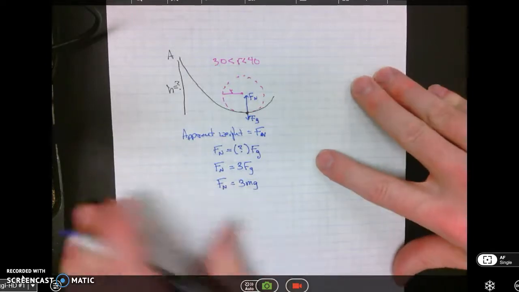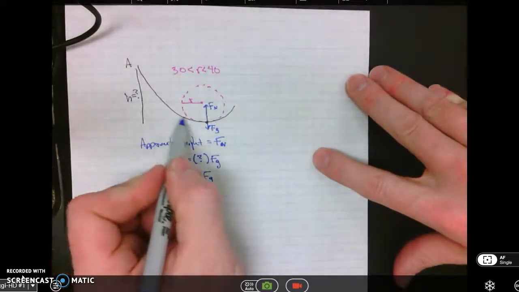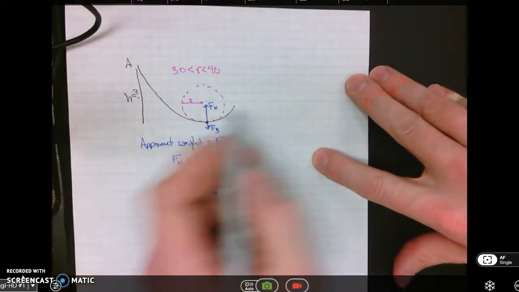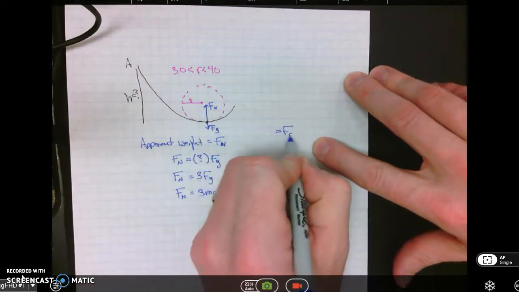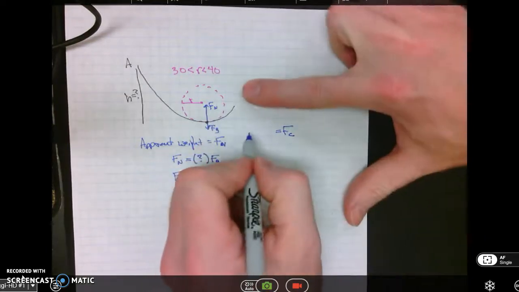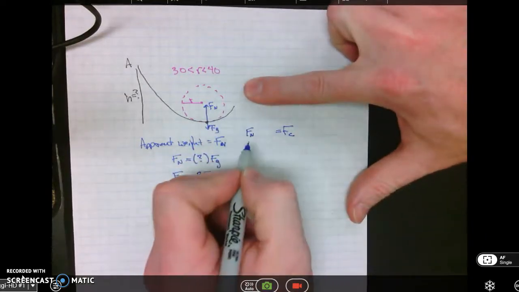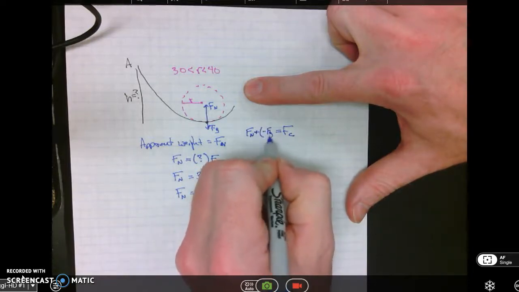Now, you are moving in a circular pattern. You're moving in a curve here as you go around that radius. So that means your net force is a centripetal force. What forces are acting on you? Well, these two. Fn points into the circle, so it's positive. Fg points out, so it's going to be negative.